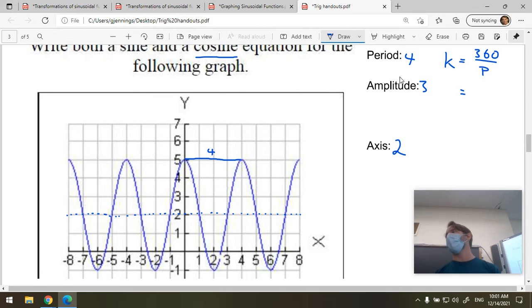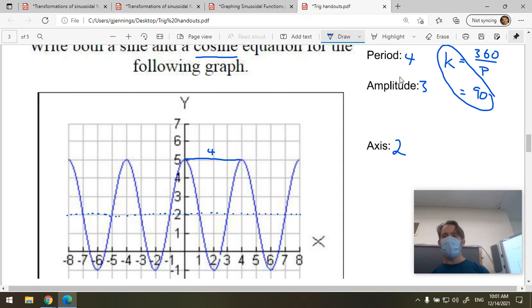What's that? 360 divided by 4. Think of a pizza as 360 degrees. What's a quarter? 90, yeah. So you don't even need to do your arithmetic now. You can just think of 360 and think a quarter of 360 is 90. And that's very fast. It's 90. So we want a k value of 90.